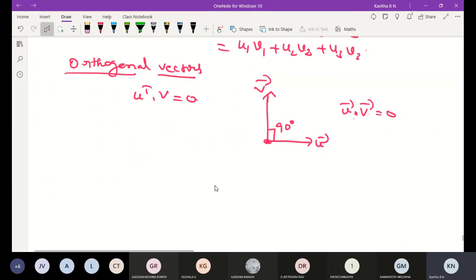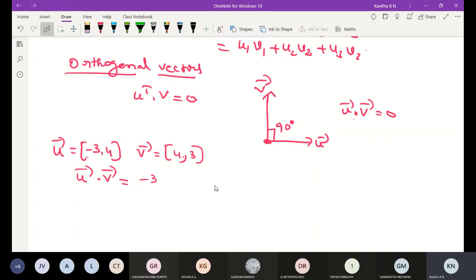Then write down here u vector is equal to minus 3, 4 and v vector is equal to 4, 3. Here u vector dot v vector is equal to minus 3 into 4 plus 4 into 3. Minus 12 plus 12 is equal to 0.